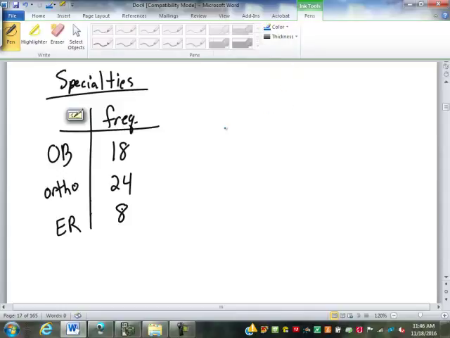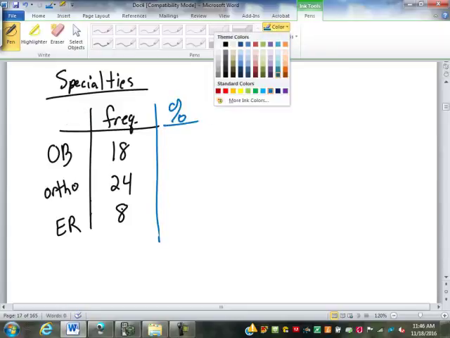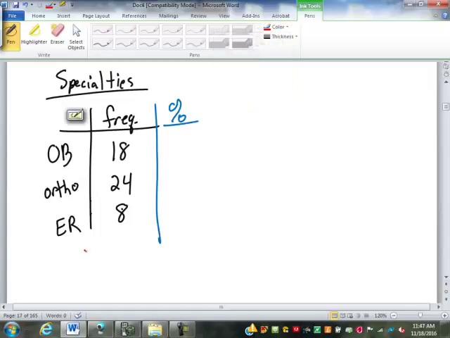To make a circle graph, we need to know the percent. To find the percent, we first have to know the total. So if I add those all up, I get 50 total students. So then to find the percent for each, well, blank out of 100 equals, for OB, there's 18 out of the 50.